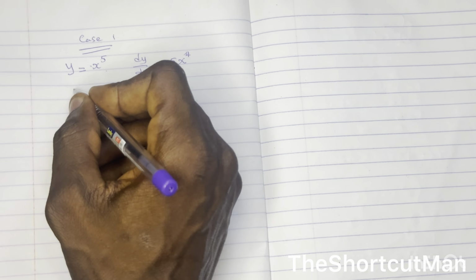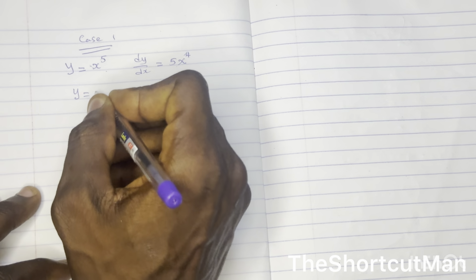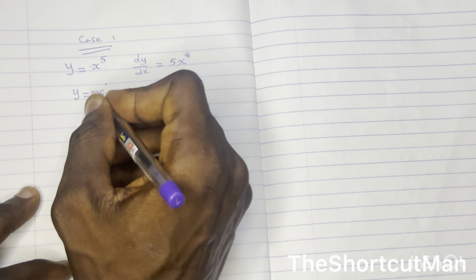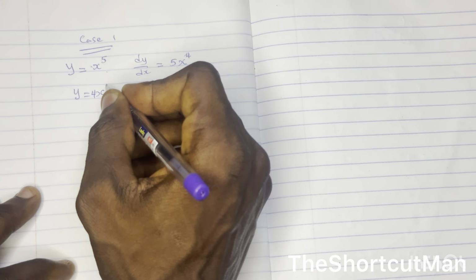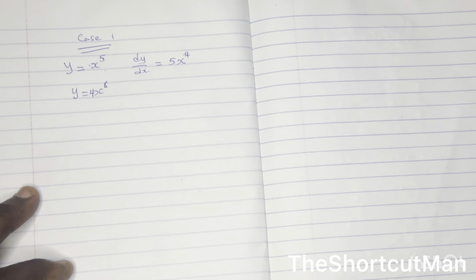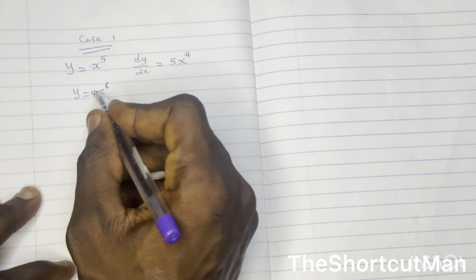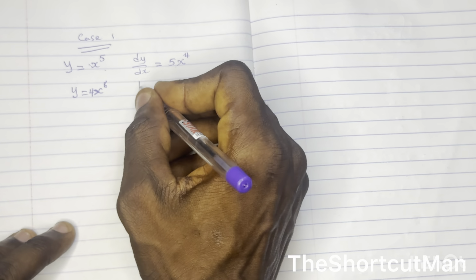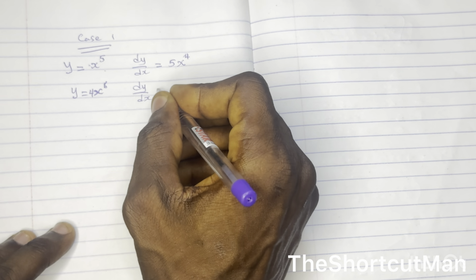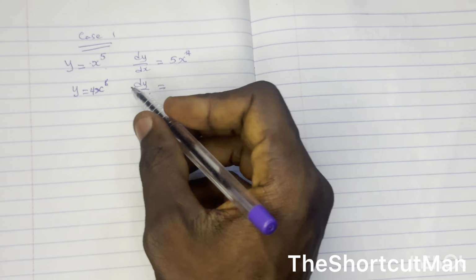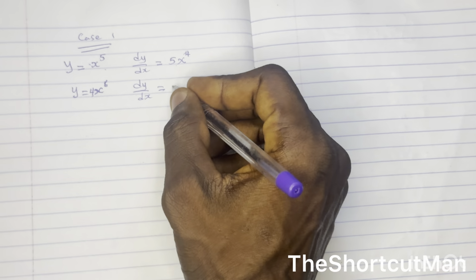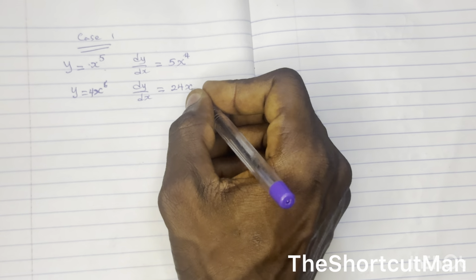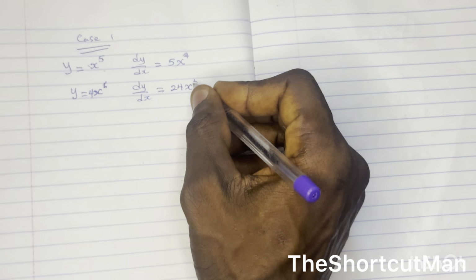Let's go again. If you have y equals 4x raised to the power 6, they will ask you for dy/dx. Now dy/dx here will be 6 times 4, that's 24, and x raised to the power 6 minus 1, that's 5.